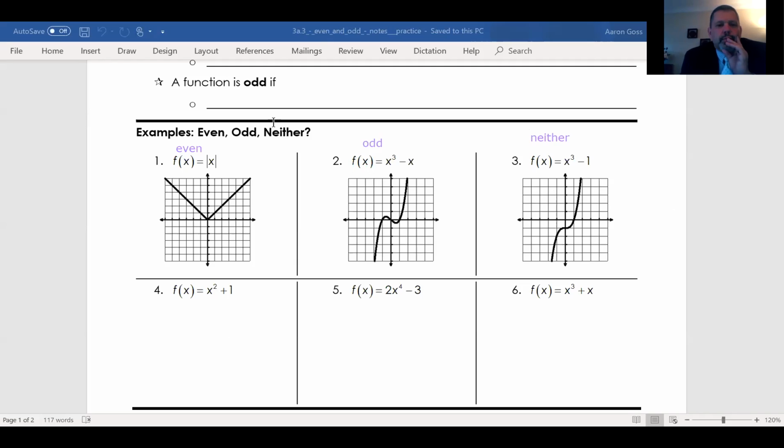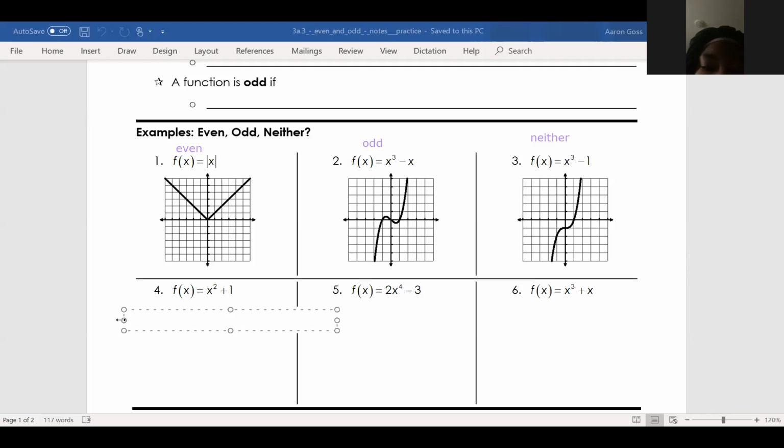All right, so in number 4, I'm going to look at that algebraically. Even, odd, or neither? What do you think? Look at it. Anybody feel comfortable? Even. Yeah, because 2 is the exponent, 2 is even, and all constants are even, so that makes this whole equation even.